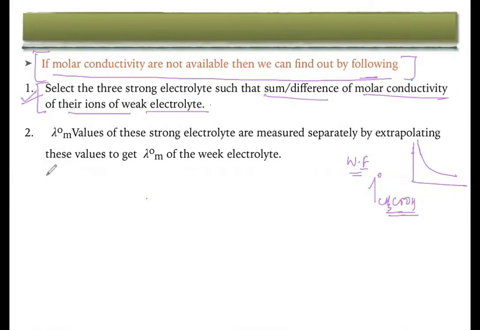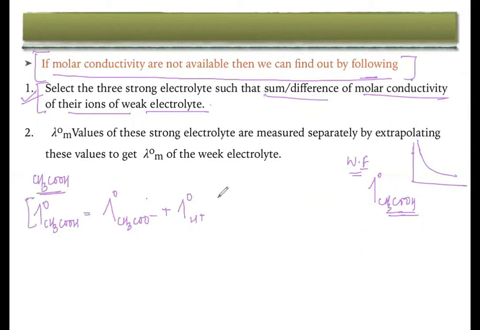So let us try to find out the molar conductivity of a weak electrolyte. Let us take the example of acetic acid. As we have expressed, molar conductivity of acetic acid can be expressed as molar conductivity of acetate ion plus molar conductivity of H plus ion.